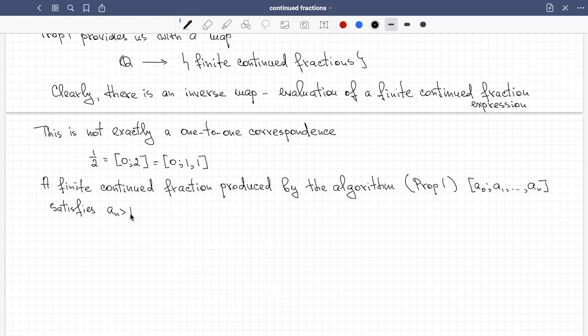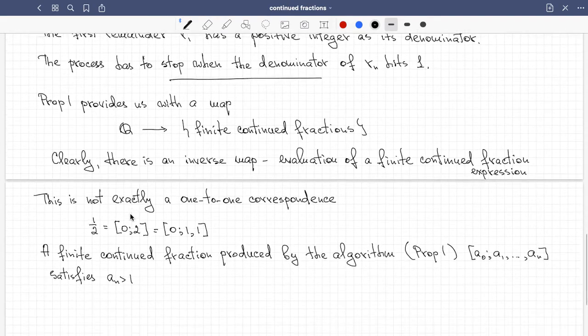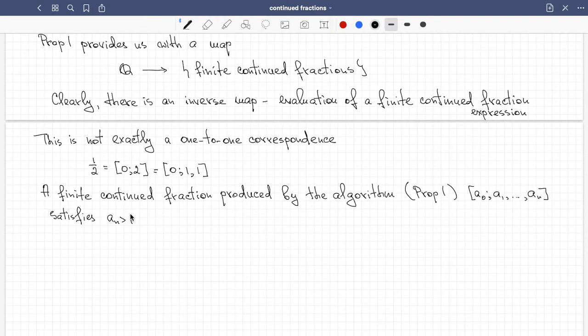This is easy to obtain from analysis of what we are doing there. I'll leave it as an exercise for you. You can easily figure out why that happens.